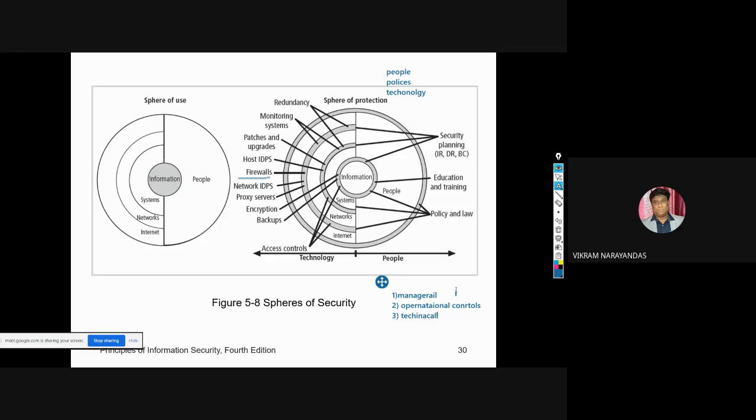Safeguards generally provide three levels of control: managerial controls, operational controls, and technical controls. So what is a managerial control? Controls which cover the security process.